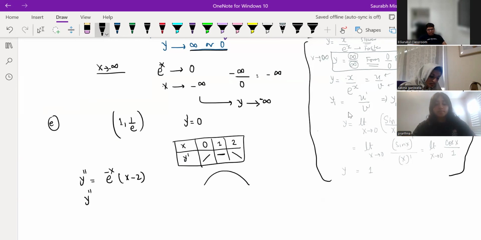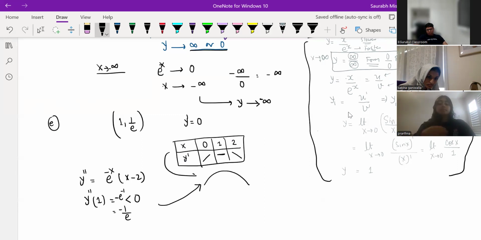Y double prime at x is equal to 1, which is our stationary point, is a negative number, around minus e to the power minus 1, which is minus 1 by e. So f double prime x is negative means it is a maximum, concave down. So either you check by this or you check by this. Both should give the same answer.